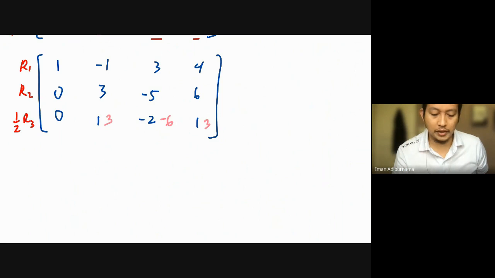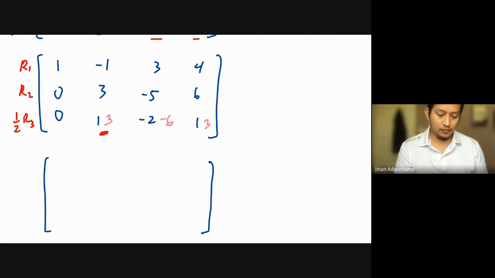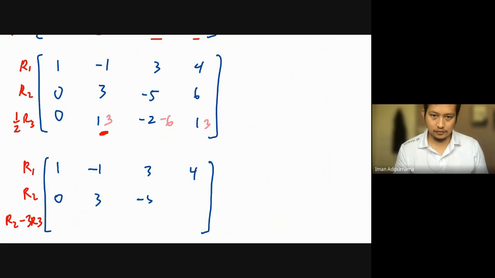To make one of these sections 0, let's just do that. R1, R2, and this will be R2 minus 3R3. It will be 1, 1, 3, 4, 0, 3, 5, 6.